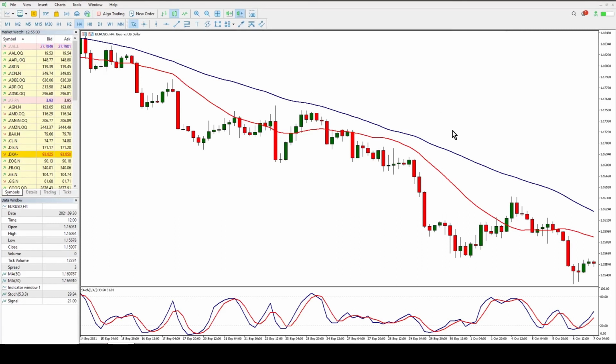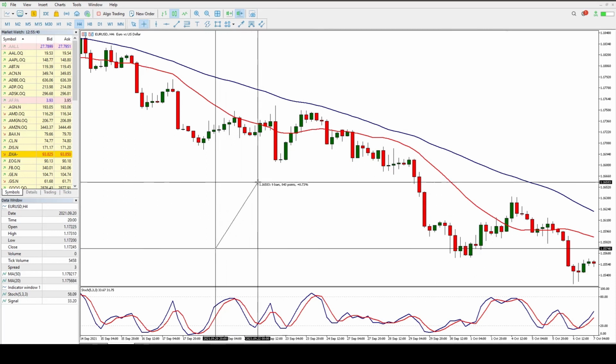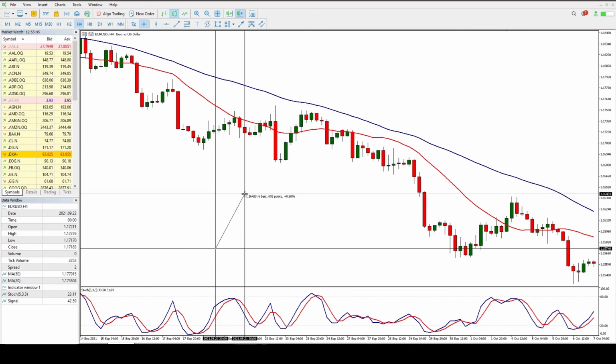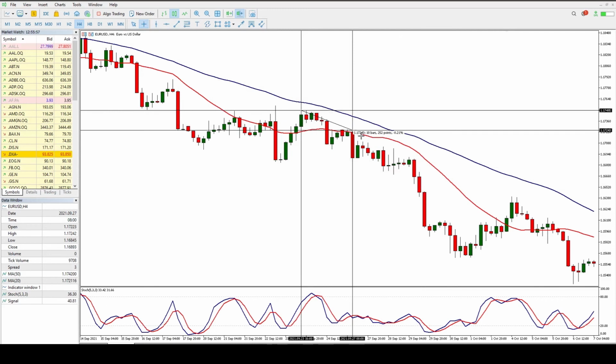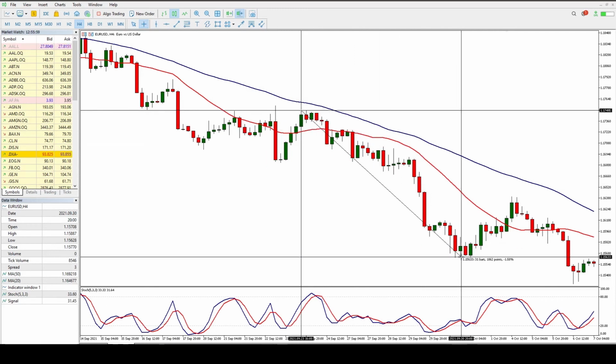But also there is this simple tool that if you choose the crosshairs and you keep your left mouse button down, it gives you the pips and the percentages. So if you want to know how big a move was from this to this low, this tool tells you that it's 0.58% or about 186 pips. That's useful.